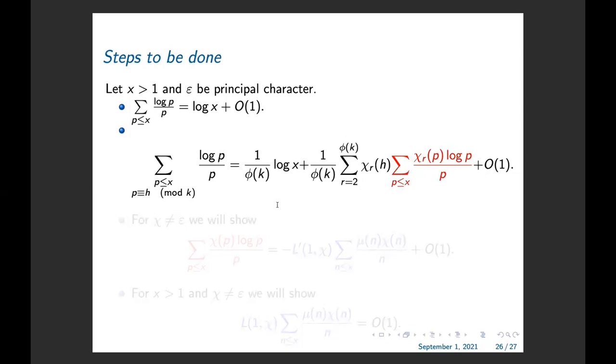Now if we can show that this is big O of 1, then I think we are done, because then this would be big O of 1, and log of x will be here. Then from here we can say something about the primes.